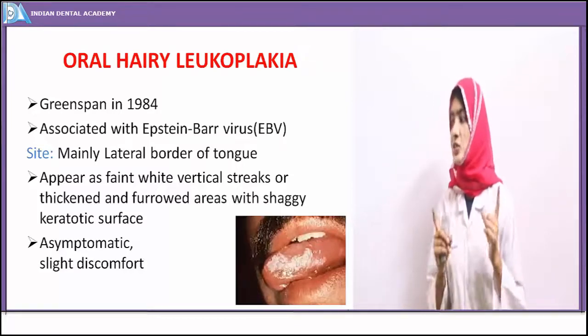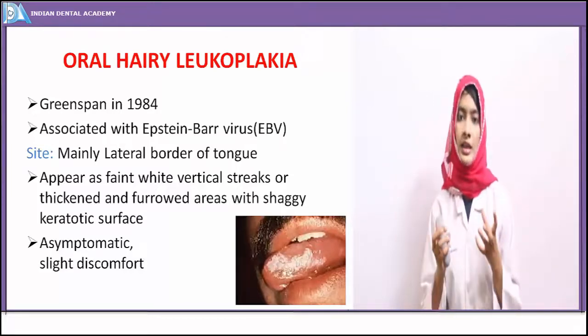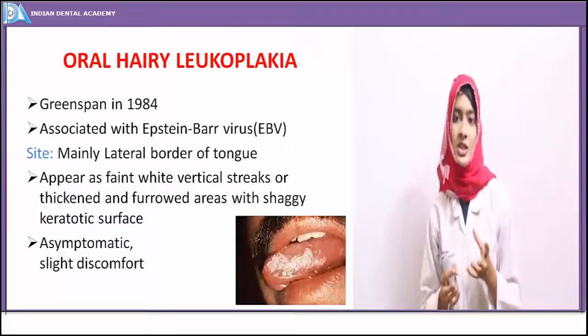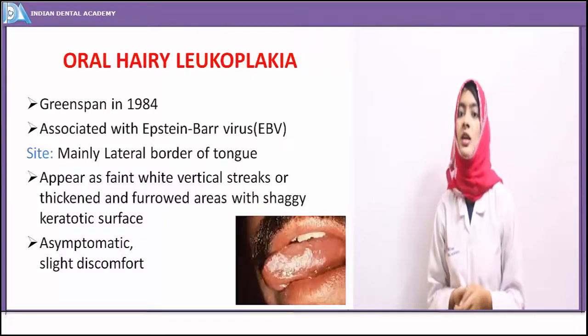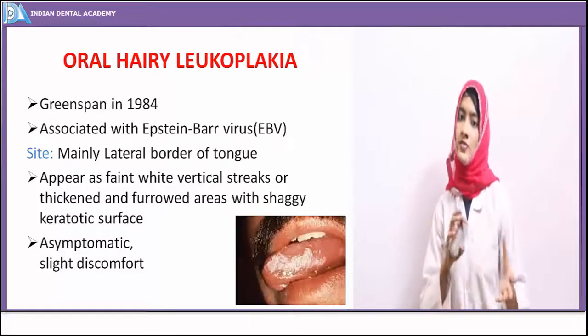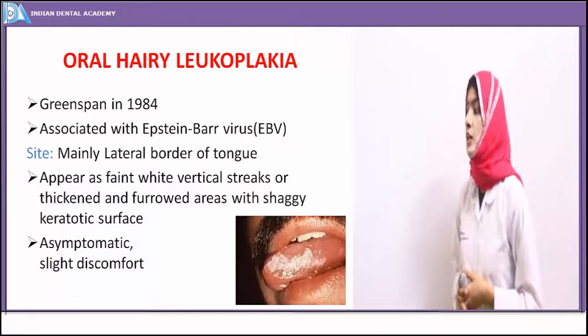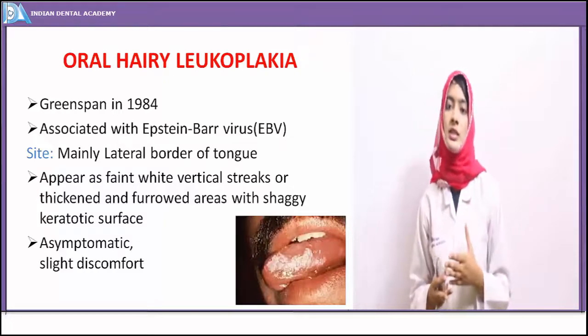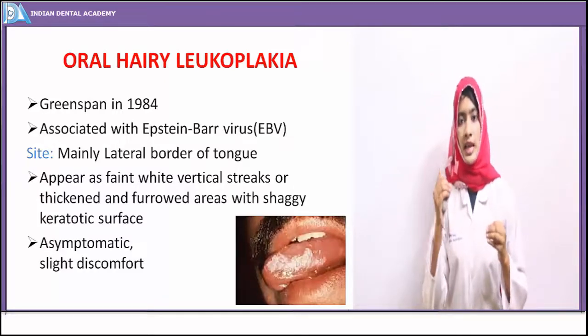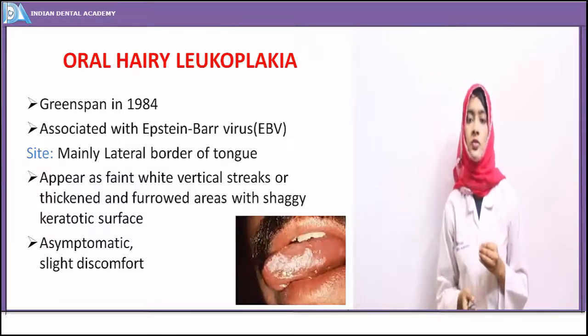So whitish vertical streaks may be seen which are thickened or which show hyperplasia along the lateral borders of tongue. So the specific location gives an indication of this condition, oral hairy leukoplakia. The lesions are asymptomatic and occasionally they may cause slight soreness or discomfort of the area.